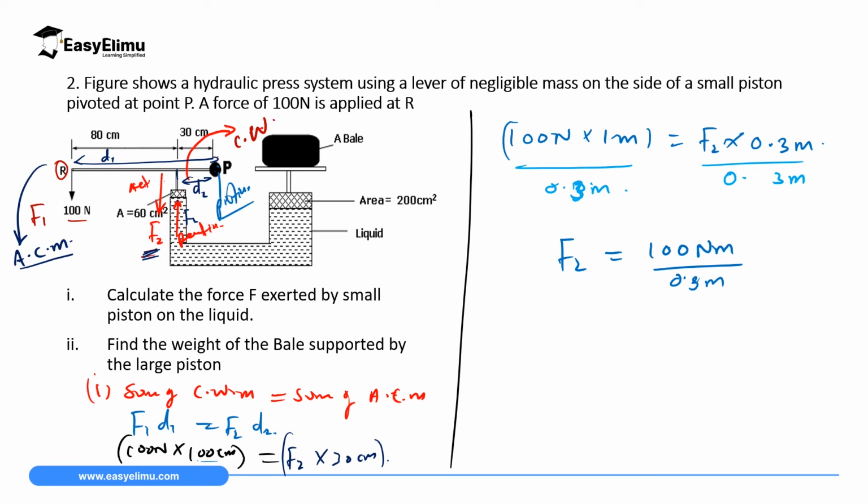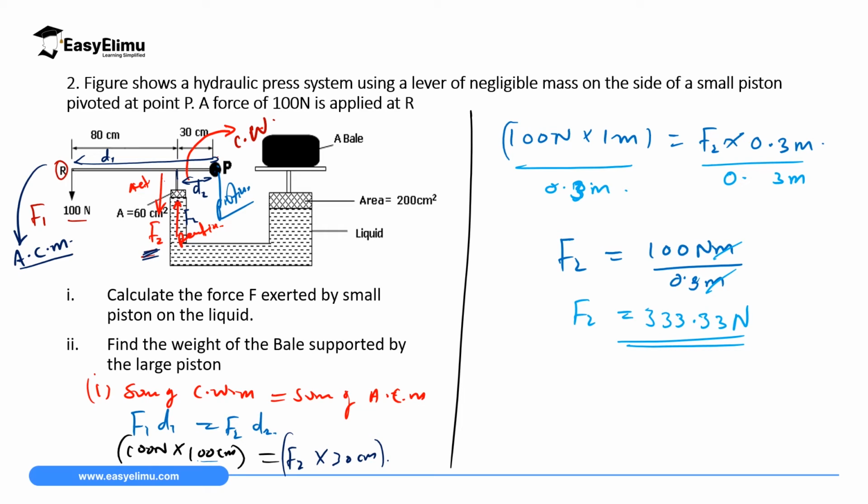In this case, meter cancels with meter, then our F2 is going to be 100 divided by 0.3, which is going to be 333.33 Newton as our force 2.